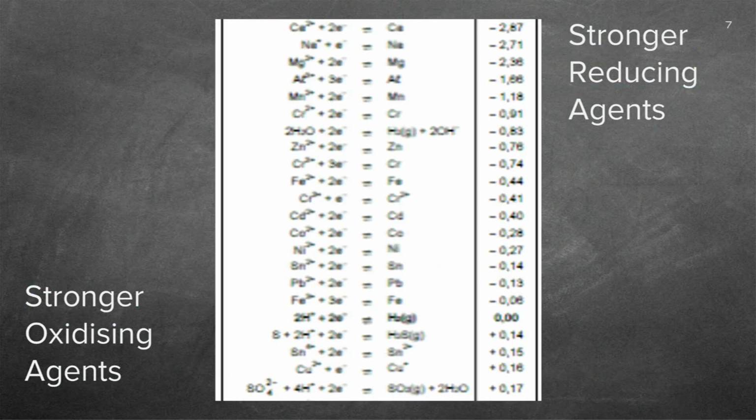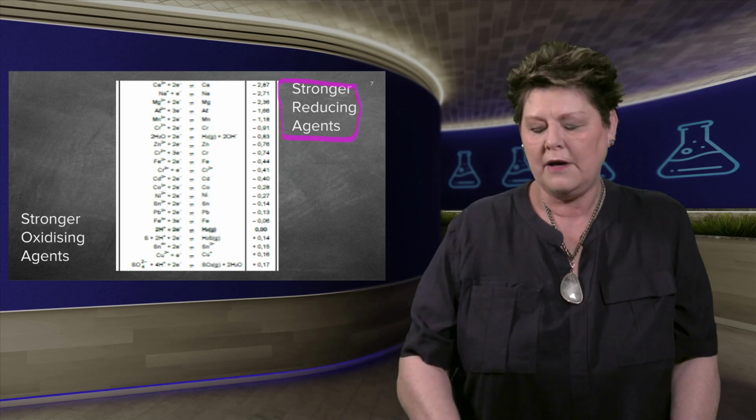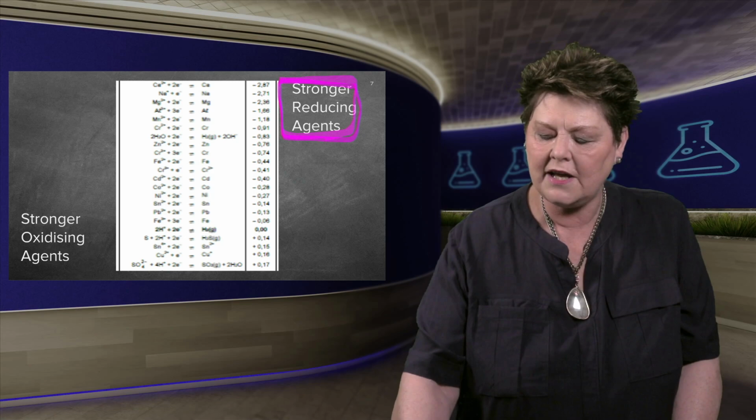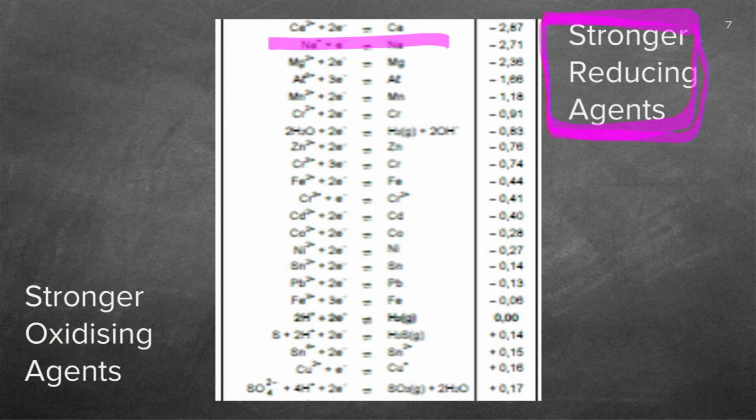So it's important, guys, that you know you've got stronger reducing agents at the top there, and I actually advise all of you to write that down when you get your exam paper. Take that same table and write stronger reducing agents that side. Why? Because then you'll know it will go that way, it will lose electrons, and that will be the oxidation half reaction.